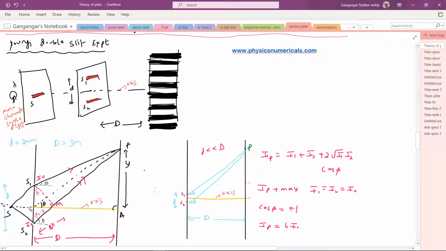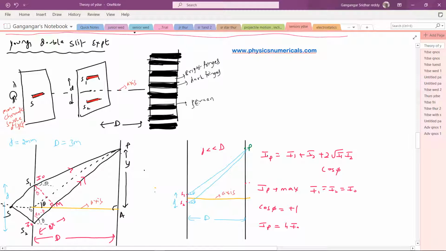So these are the dark fringes, and these are the bright fringes. Alternate bright and dark fringes are noticed on the screen.